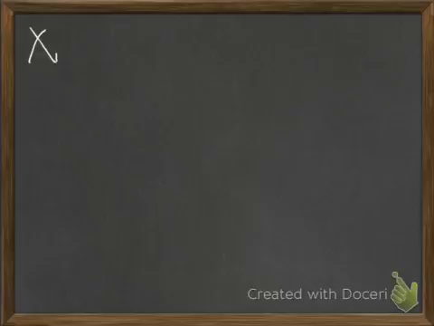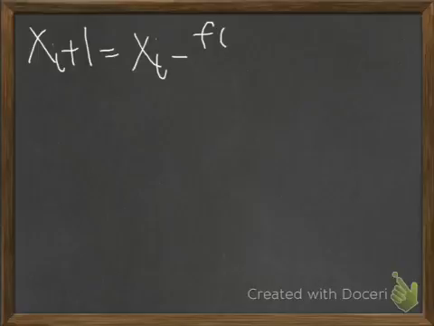We have x_{i+1} equals x_i minus f of x over f prime of x. Now I'm going to explain what each part of this formula means. First we have x_i, which is the initial guess.